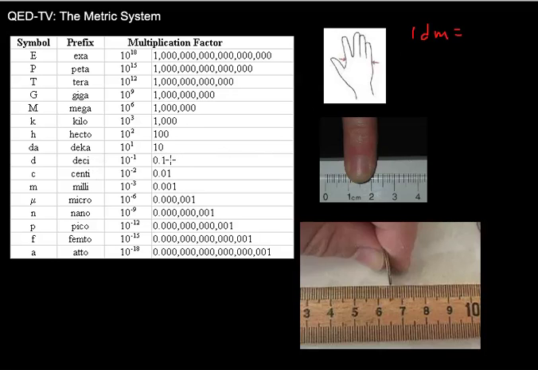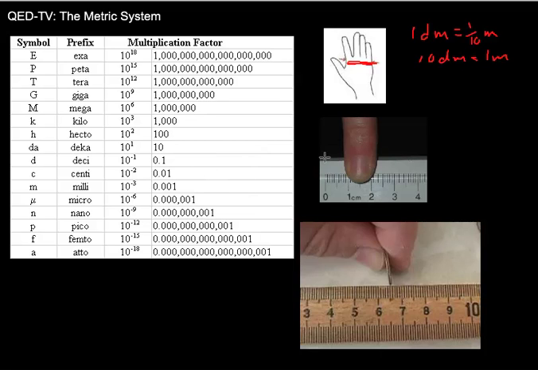So it'd be 1/10 of a meter, which means there would be 10 decimeters in 1 meter. The way we usually measure a decimeter is it's basically the width of your hand. Think of the width of your hand as about 10 centimeters, or 1 decimeter, a tenth of a meter stick.